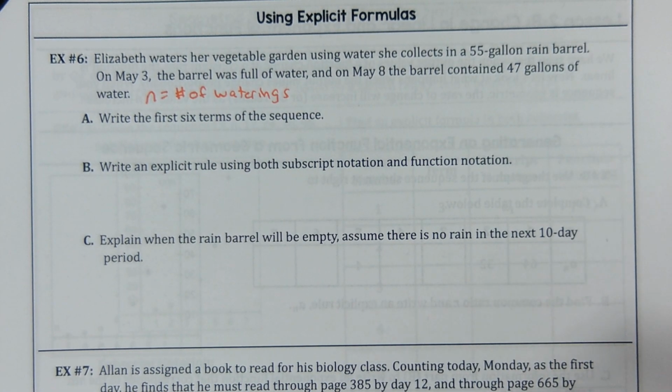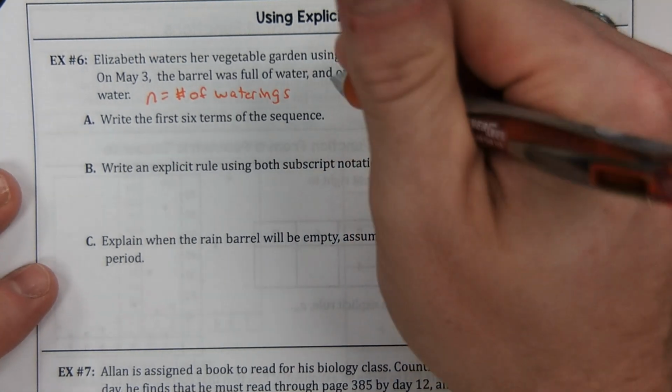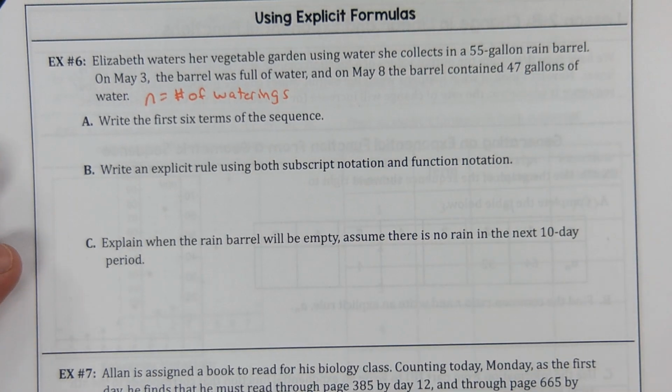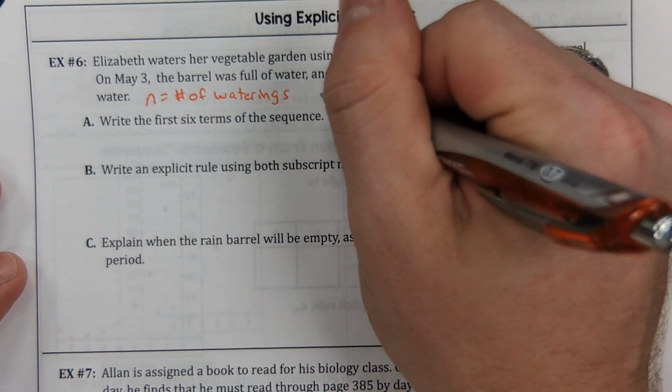And we do one watering per day, so it's actually a way of saying how many days have elapsed. Okay. So then, what is May 8th? Is it A sub 7? It's 7 days after the 3rd?